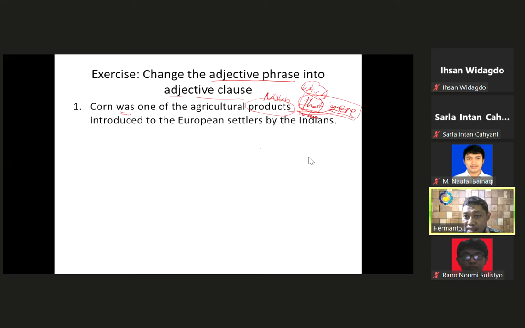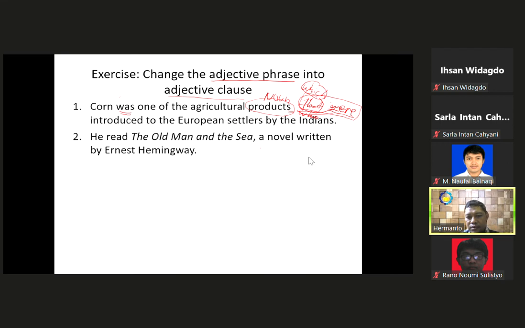The only possible subject pronouns to use are which and that. Okay, nice. Let's continue to number 2, everyone. Here in number 2, there are 2 adjective phrases that you can change into adjective clauses.